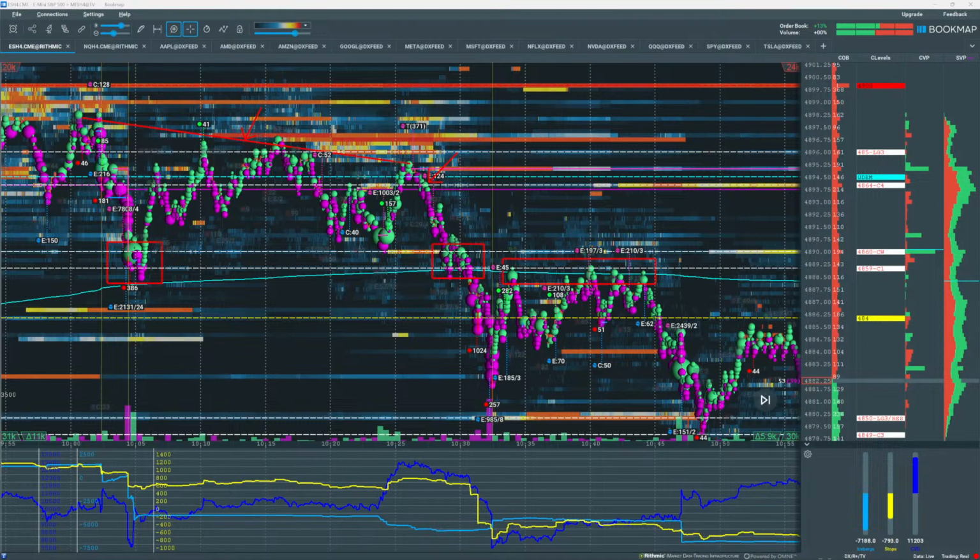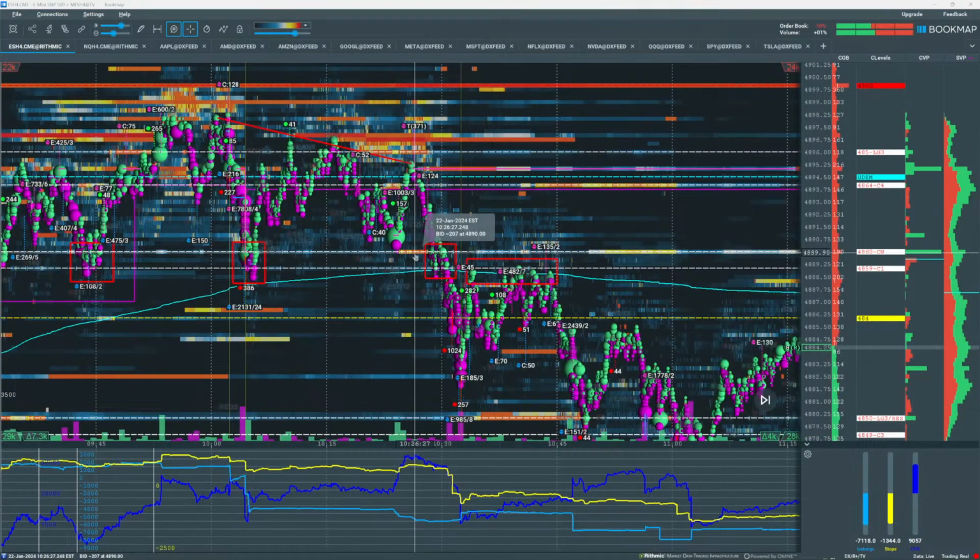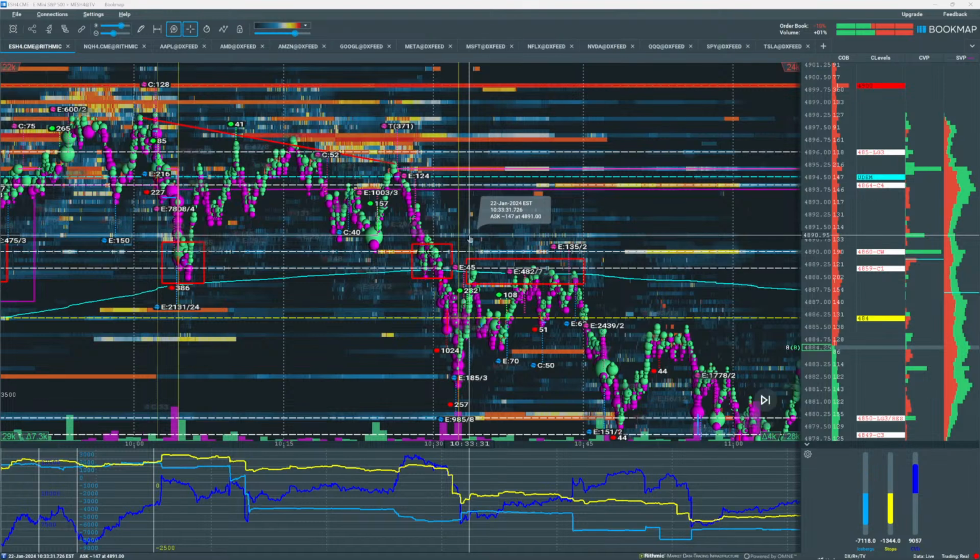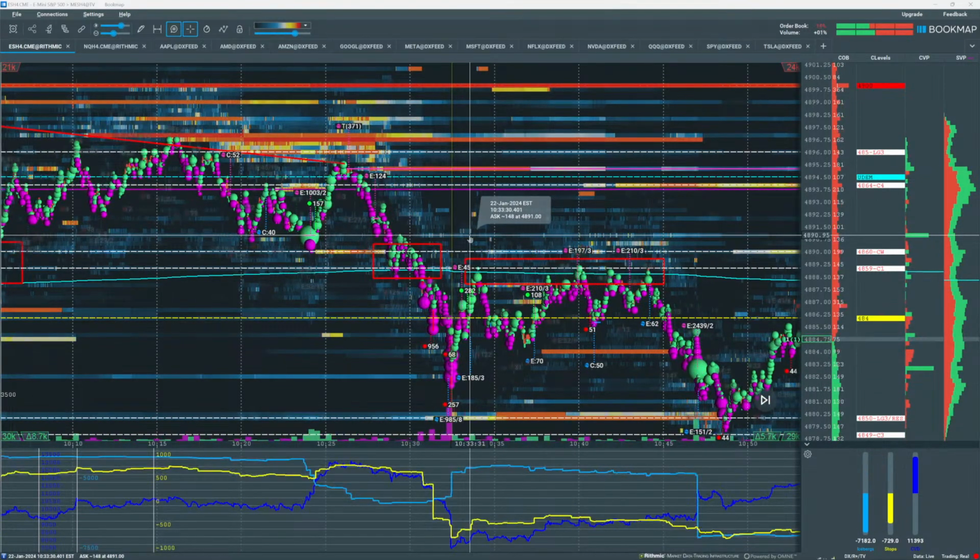Note that large traders were selling this move higher with iceberg orders. That's shown by the falling light blue line. Large traders fading that move higher as options traders started taking negative delta positions and price breaks below after making a series of lower highs.